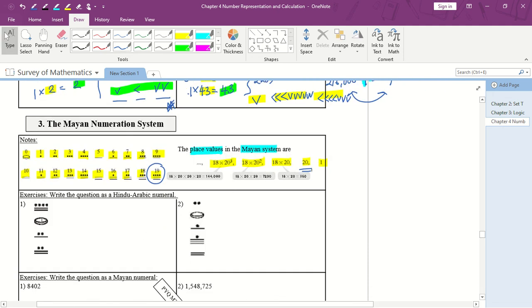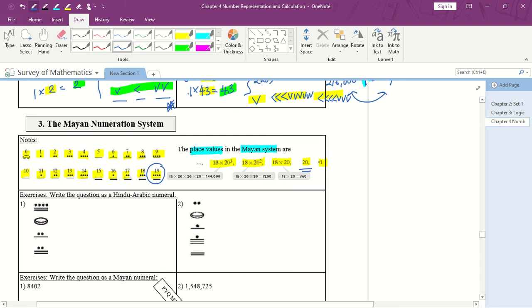Again, this is written in vertical form, so it will be like this: dot dot dot dot, 2 lines, a shell, dot dot line, and dot dot line line. No matter what, just write the place value first, I would always suggest.